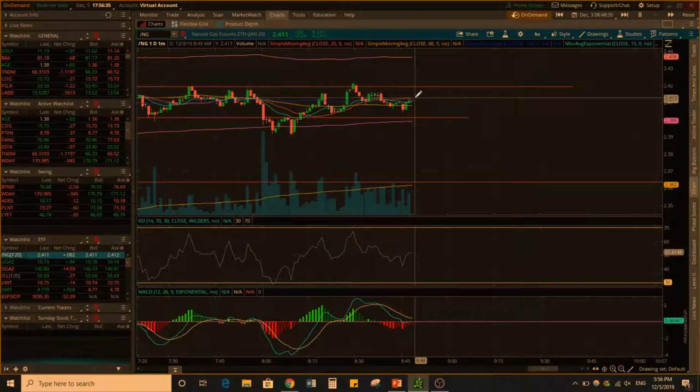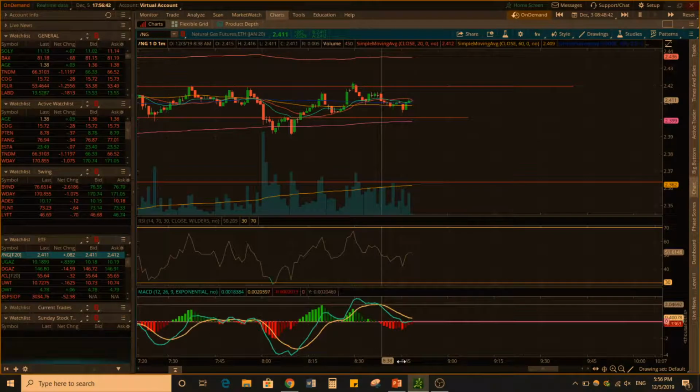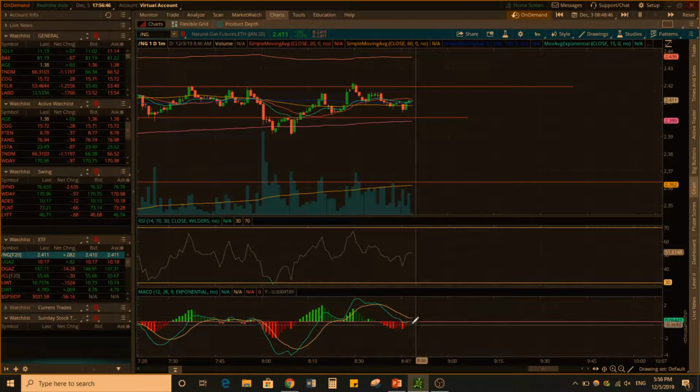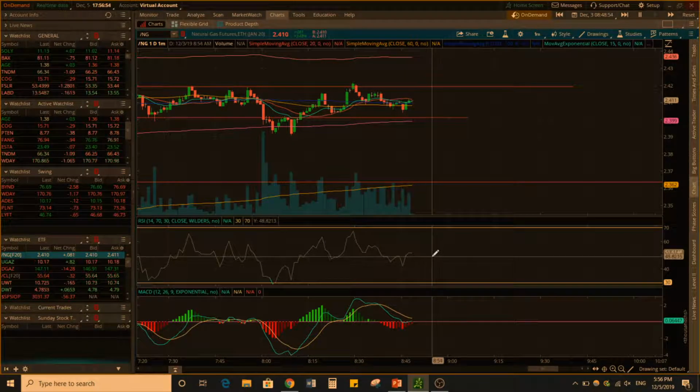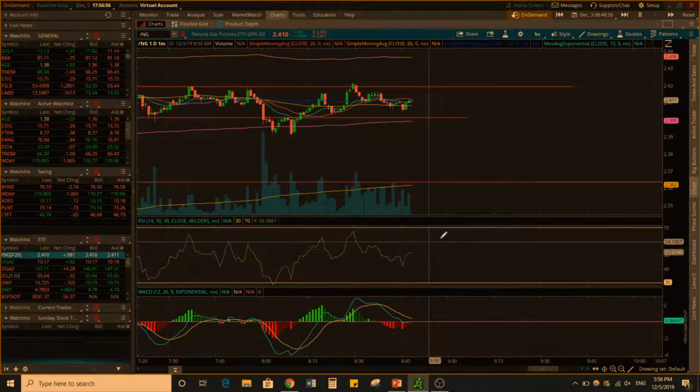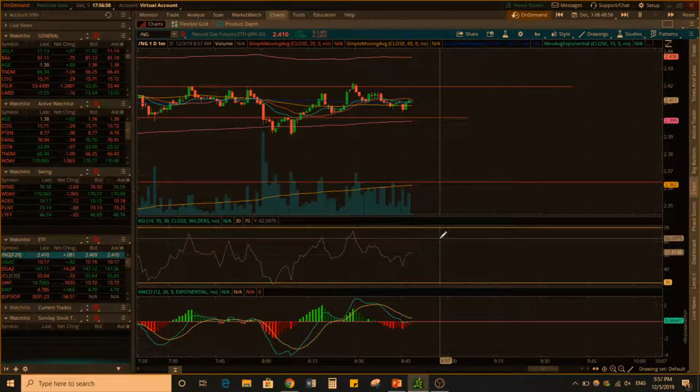I'm pretty sure that it's gonna go back up to its previous resistance. MACD looks pretty good in NG's favor that it's gonna go up again. It looks like it's in the middle of its reversal process. RSI is pretty high now. Although its end point is not pointing upward, I think that it's gotten high enough that it can keep going.